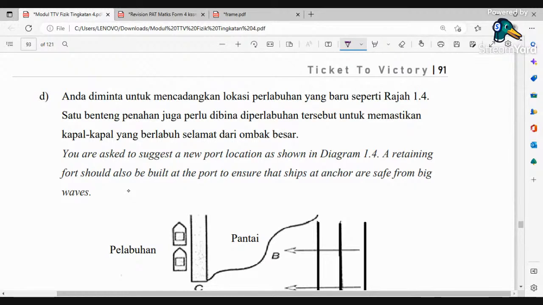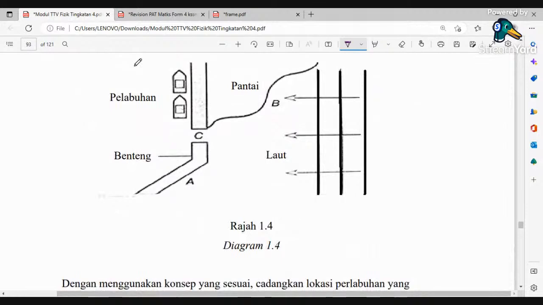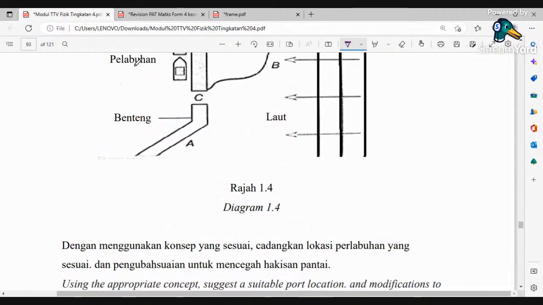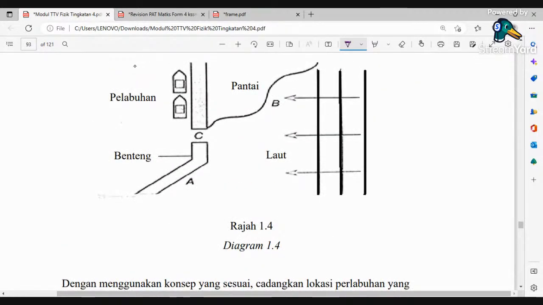A retaining wall should also be built at the port, to ensure that ships at anchor are safe from big waves. Okay, you can see there's a gap there. There is a wall here, retaining wall.